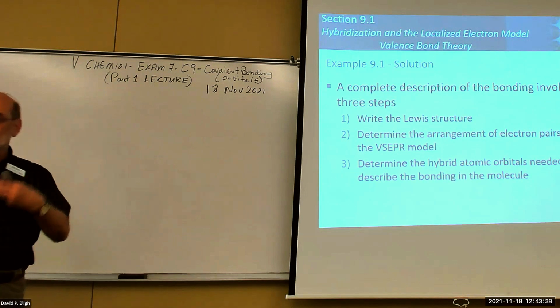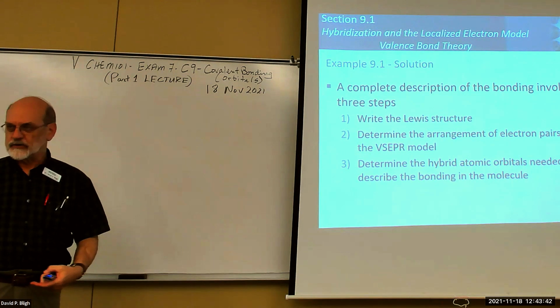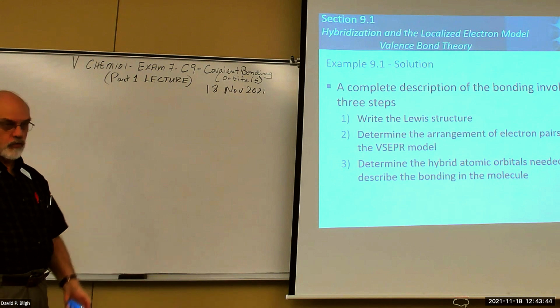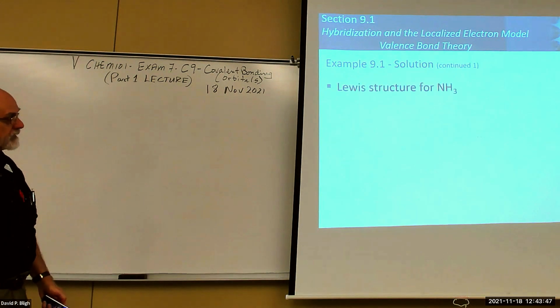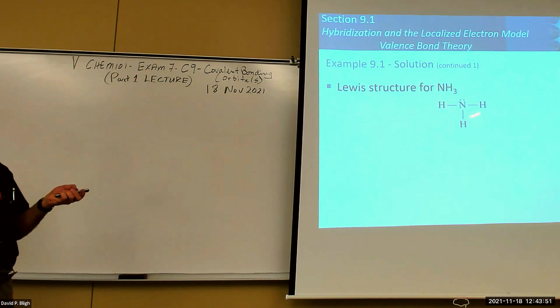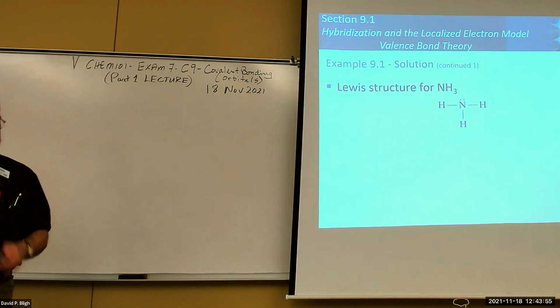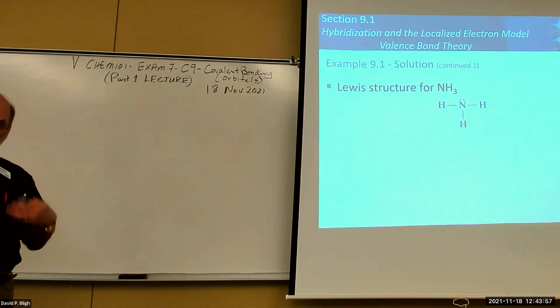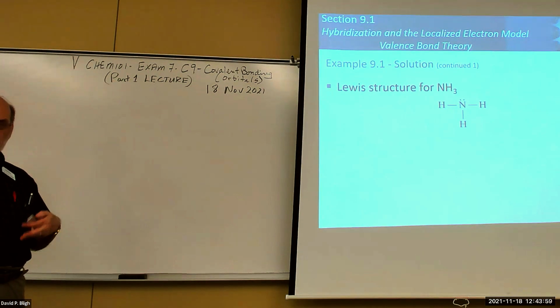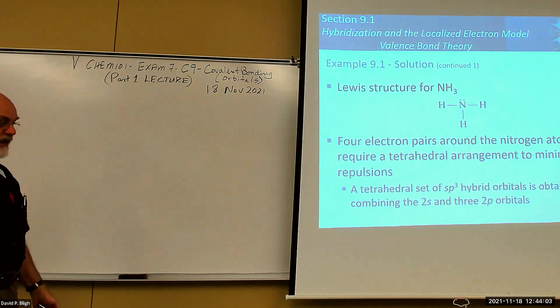Then you determine the hybridization that's required from the electronic geometry, in that order. So ammonia would do this, right? You have 3 hydrogens and 1 lone pair. We've done that before, drawn the Lewis structure. So you have 4 groups around the central atom. That means it's tetrahedral. That means it has to be an sp3 hybrid.